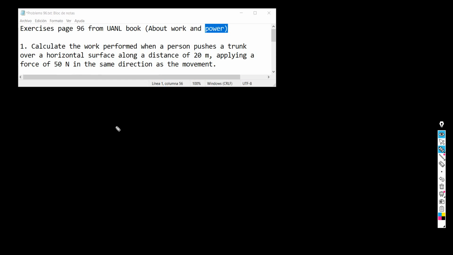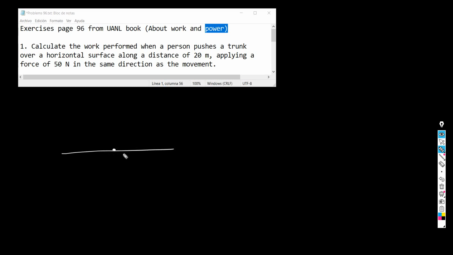So in this case, guys, what do we have? We have a horizontal ground or horizontal surface. We have a trunk. What is a trunk? I think it's the same as a box. So it doesn't matter. It's just a particle.